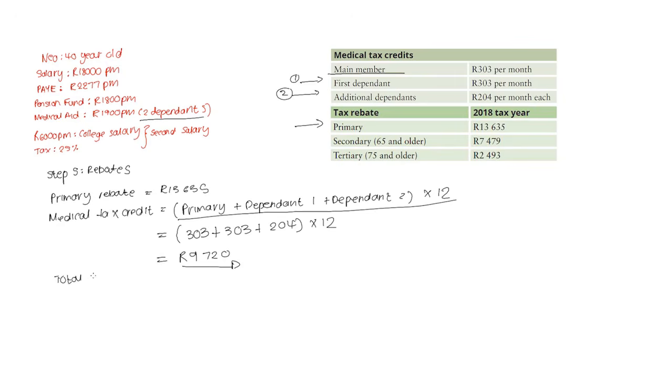The total tax rebate is the primary rebate plus the medical tax credit.